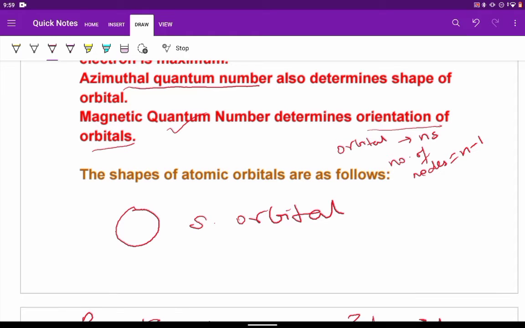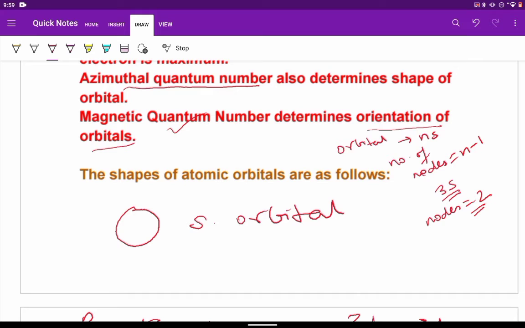If the orbital is designated by ns, the number of nodes is given by n minus 1. So in case we are considering the 3s orbital, the value of n is 3, so the number of nodes will be 3 minus 1, that is 2.